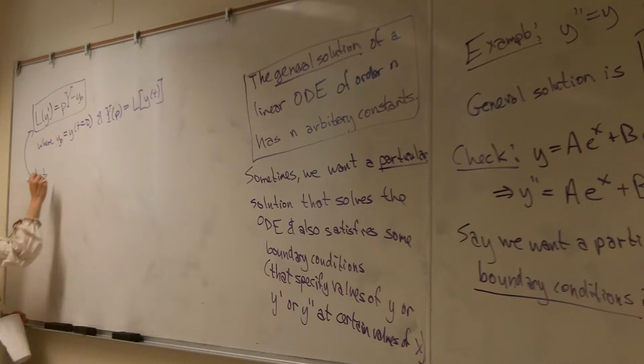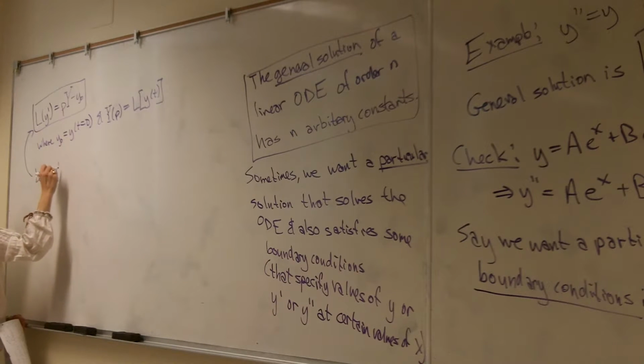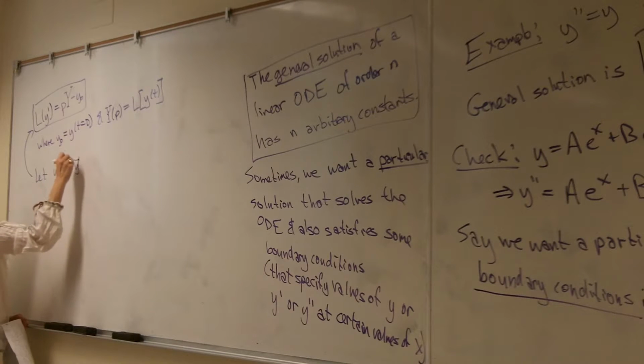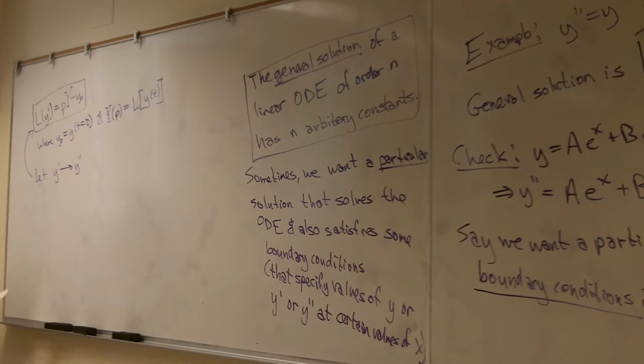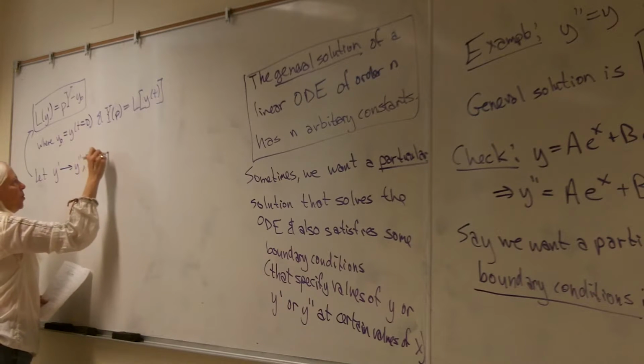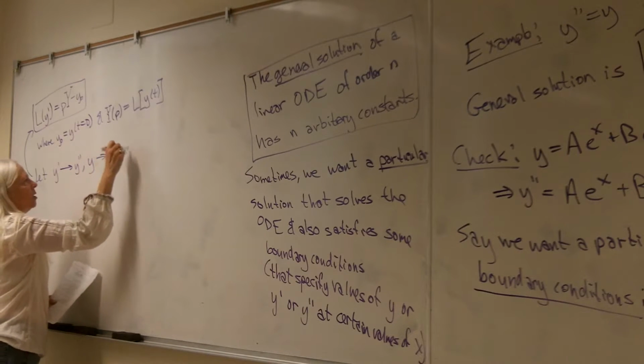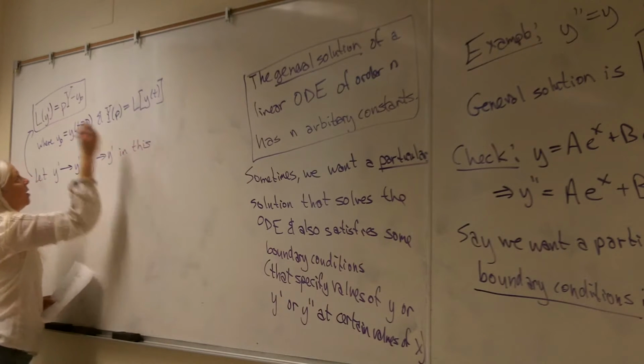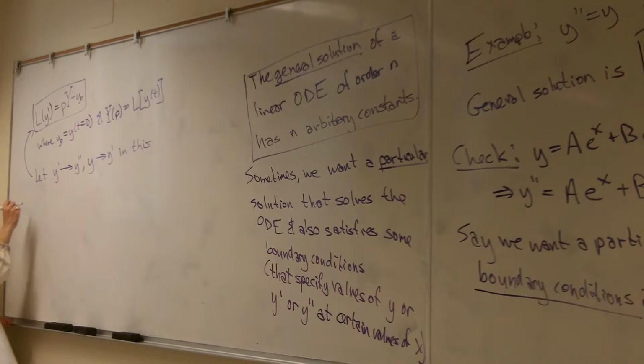Okay, well, let's, in this expression, let y prime be replaced by y double prime, which means y will be replaced by y single prime in this expression up here. All right, so we're going to replace y single prime by y double prime. So the left-hand side will be the Laplace transform of y double prime.